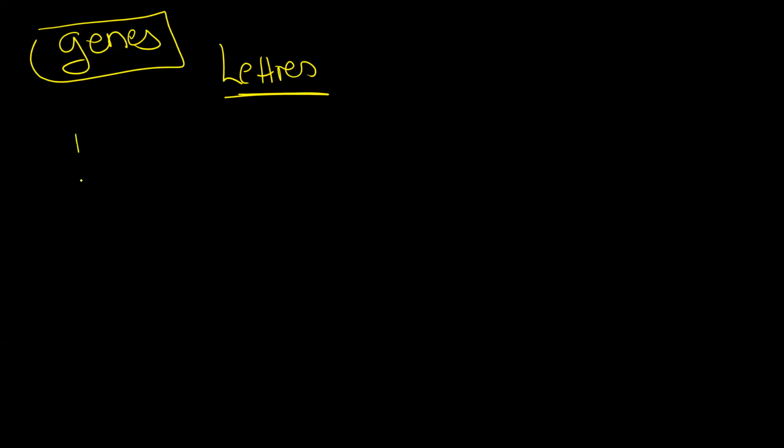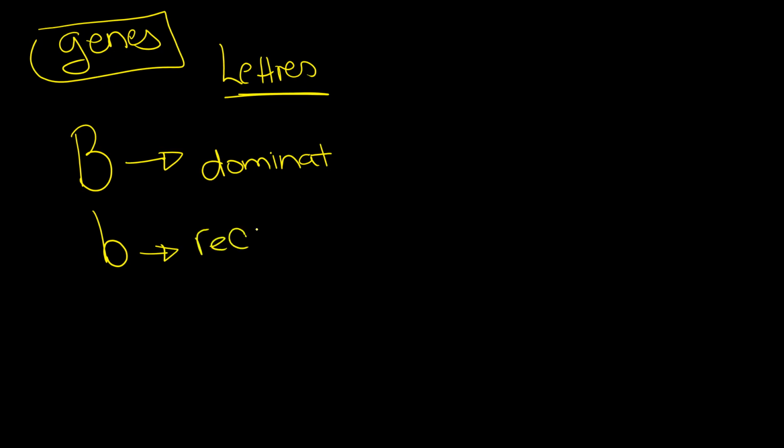A capital letter means it's a dominant allele. And the same letter, it has to be the same letter, but in small case, is it dominant or recessive? Recessive. Very good.